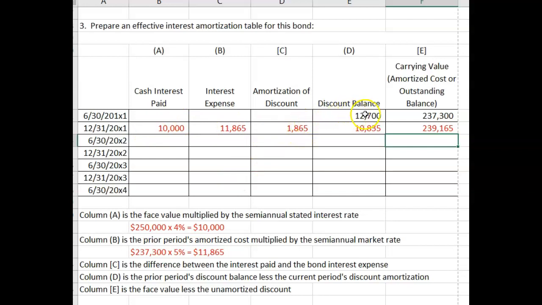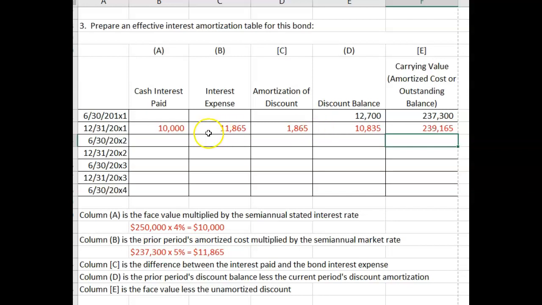And if you take the prior discount balance and subtract the $1,865, you now have the new balance in the discount account, $10,835. And the carrying value of the bond is the par value of $250,000 minus the unamortized discount of $10,835. That equals $239,165. Did you get them all?